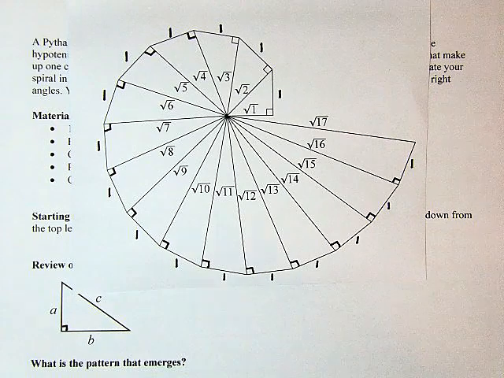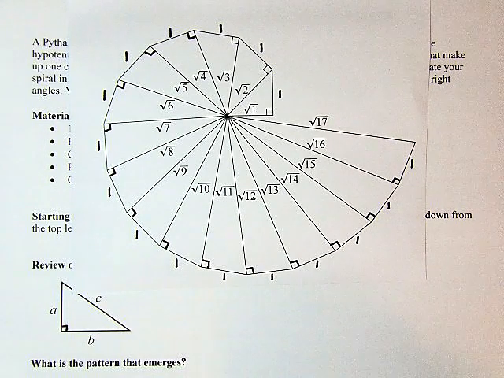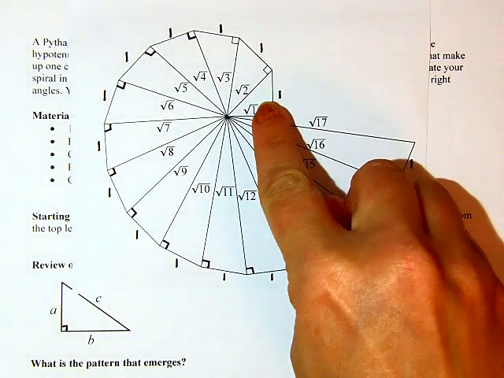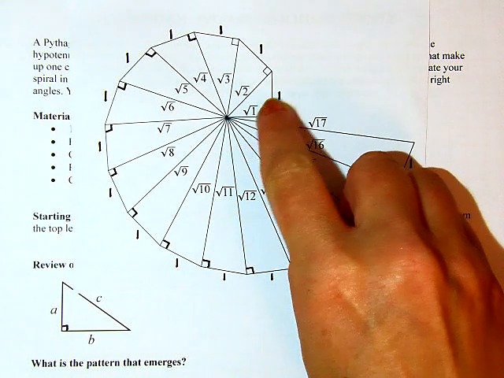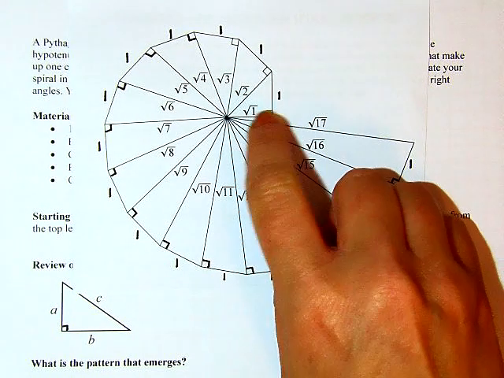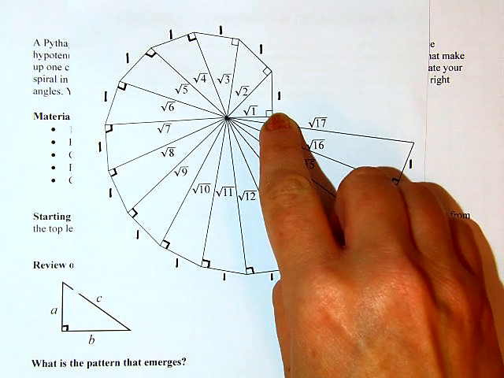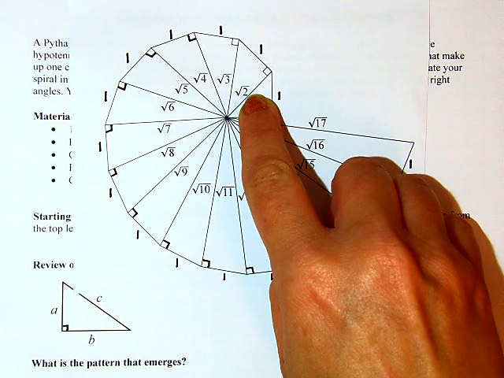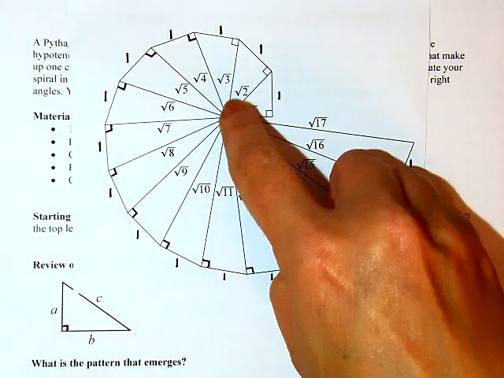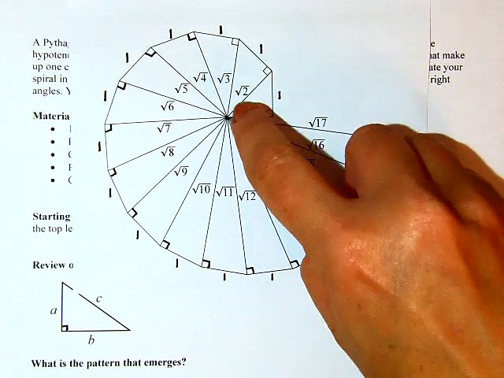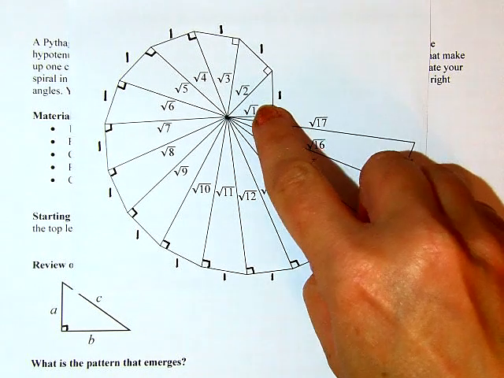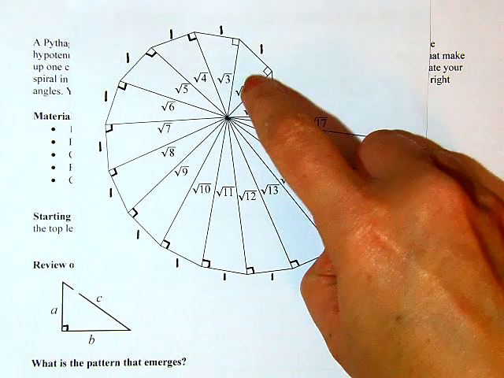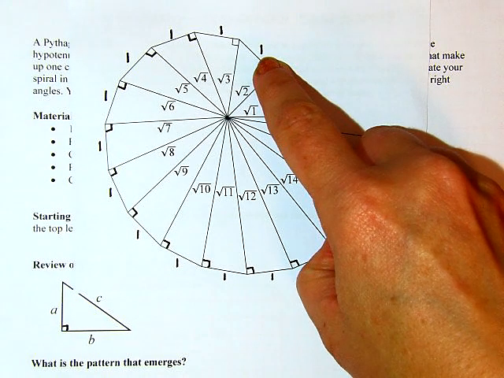And like I said earlier, the hypotenuse of one right triangle, let's look at this initial right triangle right here, we see a leg of 1, a leg of root 1, which is really 1, and a hypotenuse of root 2. In the next stage, that root 2, the hypotenuse of the first right triangle, becomes a leg in this second right triangle.